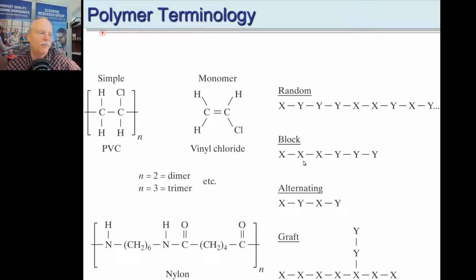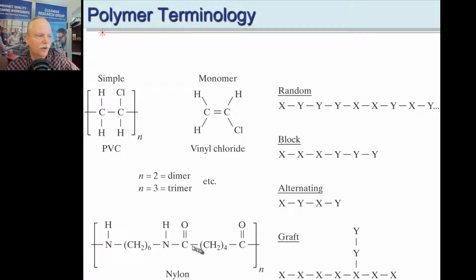Now some monomers have, just by their very nature, the chemical requirement that they be alternating. So one of those examples is here for nylon 6,6. So there's 6 carbons in this diamine. Okay, so we have hexane diamine, and that can be joined together with the adipic acid, which has 6 carbons.